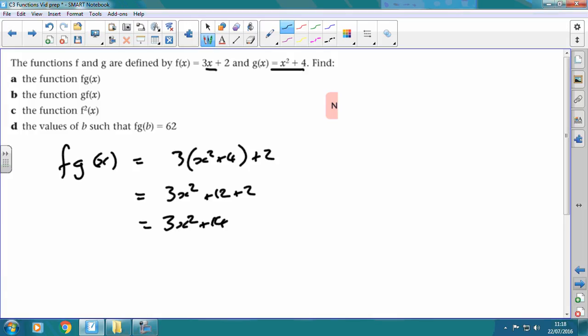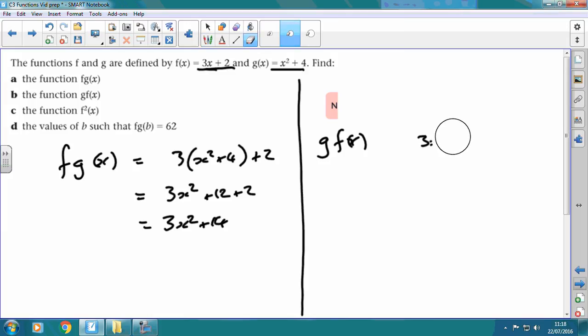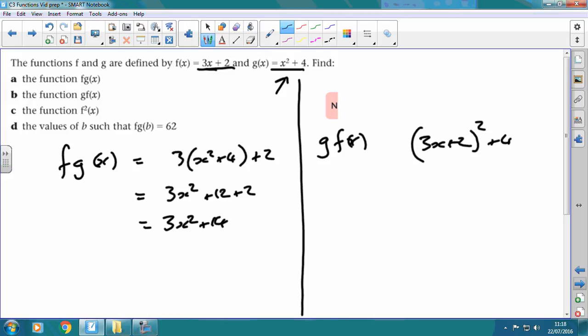Okay, let's have a look at the other way now, because this is an important point to know. So we take the f function, so we've got gf of x now. So we've got the function of x, which is 3x plus 2. However, if we substitute that in for x into our g function here, it means we're going to square it and add 4.